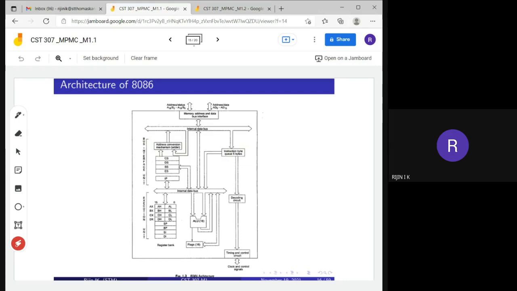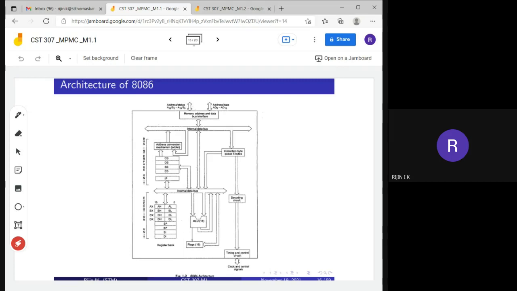Now first we can see the segment registers. In the 8086 microprocessor, there are four segment registers. These segment registers are used to store the addresses for accessing the memory. They contain the address of instructions and data in memory, which are used by the processor to access memory locations.